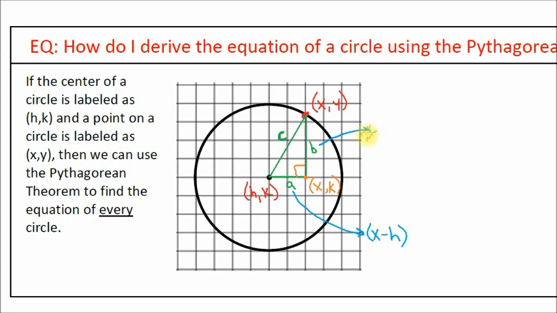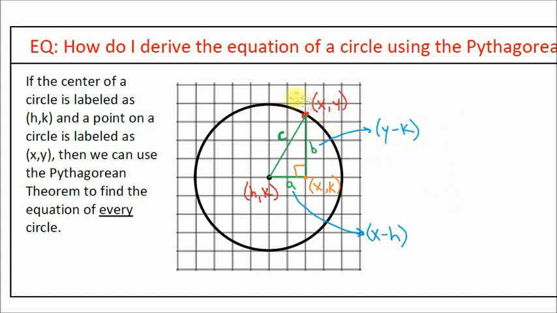The B value, we can do the same kind of thing. We started right here at the top. The y value of this point is y, and we're going to travel all the way to here. How do I find the distance between these two points, or the value of B? It's y minus k.